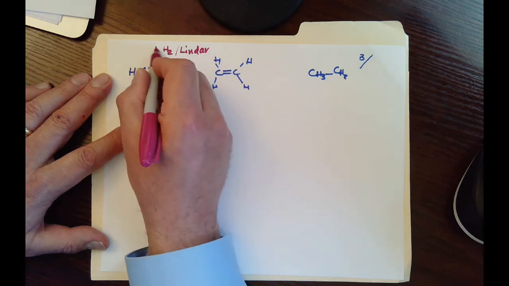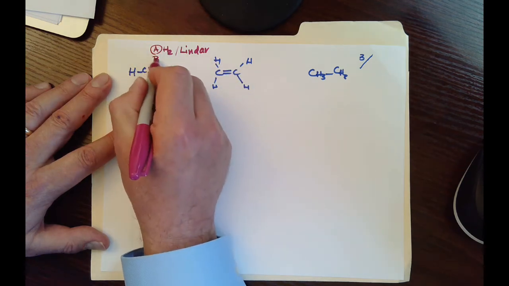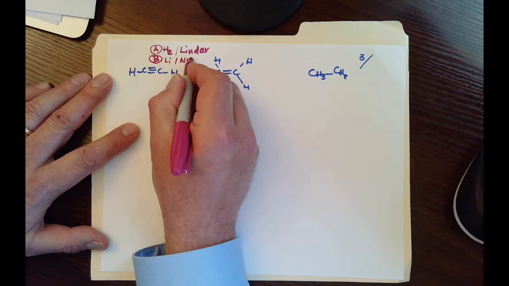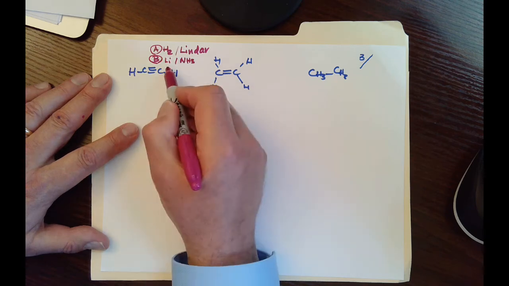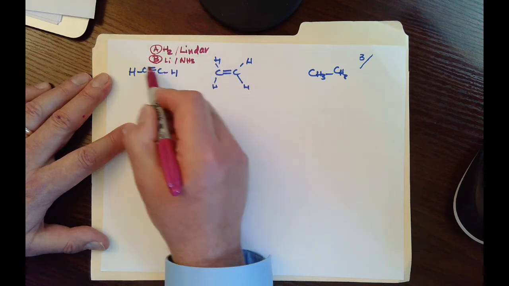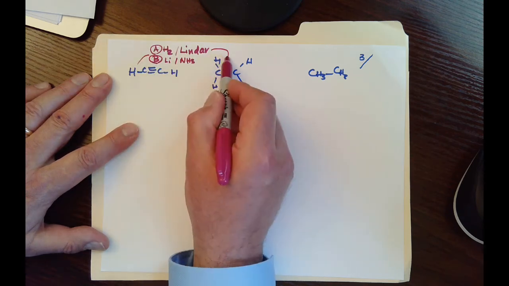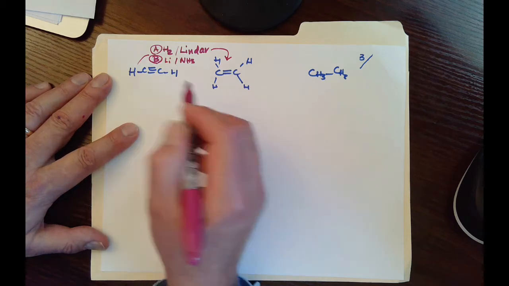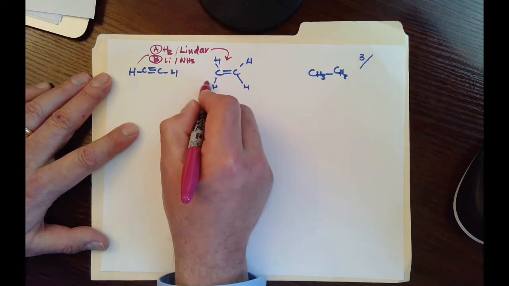Option B was to use lithium metal or sodium metal and ammonia. So this is going from the top part, right? So we have from here to here. Now, how about going from here to here? Remember, we used bromine.